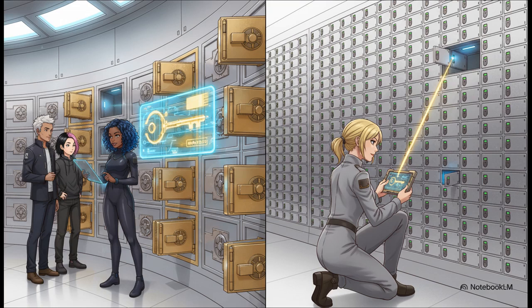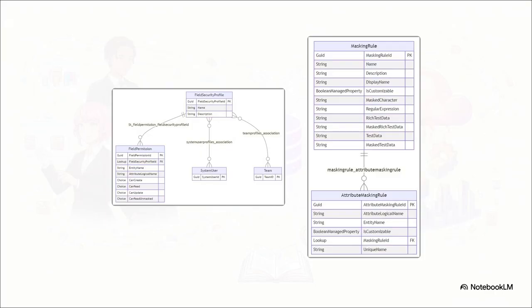First, you can use field security profiles to grant broad access to a whole group of users for all records. Or second, you can use field sharing. By creating a record in the principal object attribute access table, say that 3 times fast, your code can dynamically grant a specific user access to a secured field on just one single specific row of data. So how does this evolve?